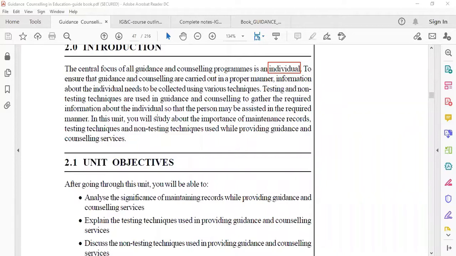A counselor uses various techniques and tools and follows different approaches. These approaches and techniques include maintenance of records and application of different testing techniques and non-testing techniques. Both things are applied when we are providing guidance and counseling to our students.